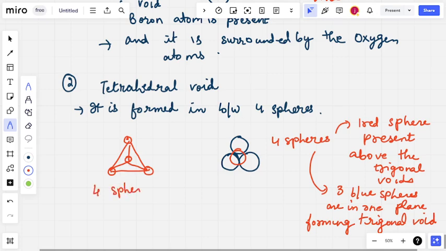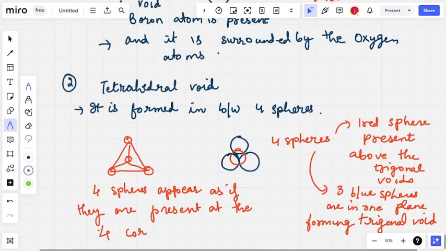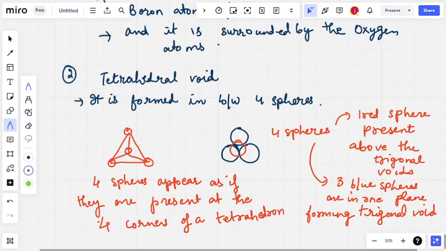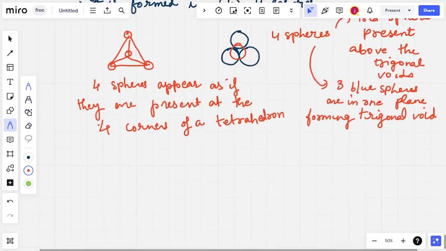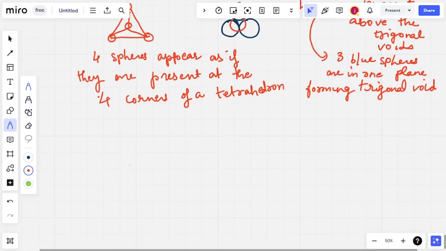The spheres appear as if they are present at the four corners of a tetrahedron. An example of a solid which has the tetrahedral void is zinc sulfide.